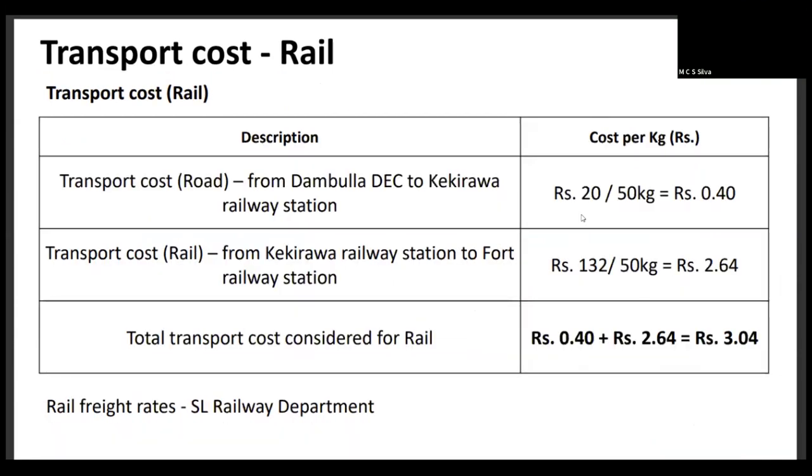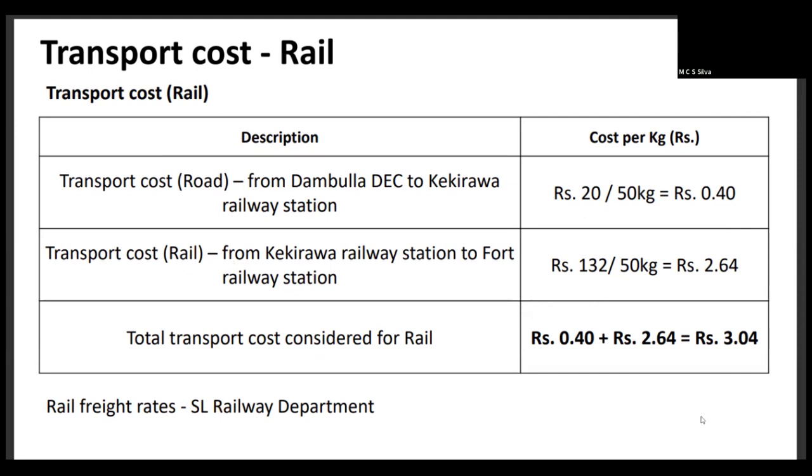In the rail transportation, the scenario is a bit different, because when you use the rail transportation, you have to get the road transportation as well to transport the vegetable from the Dambulla Economic Center to Kakirava railway station. Per kg cost is 40 cents. From there, Kakirava railway station to Fort railway station, per kg cost is 2 rupees 64 cents.